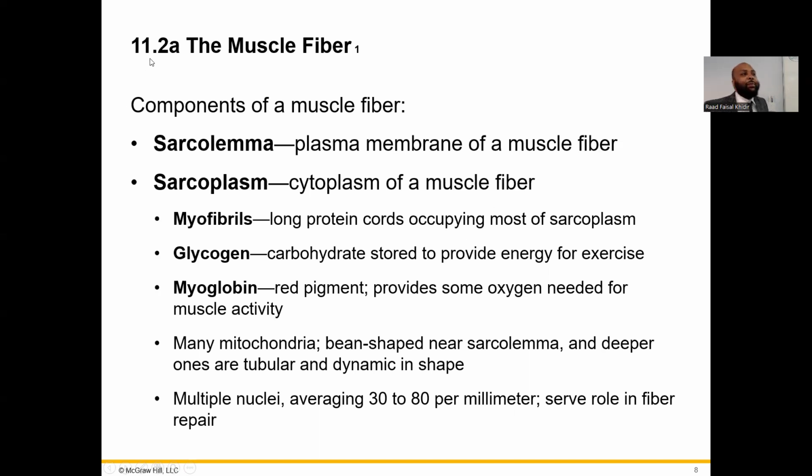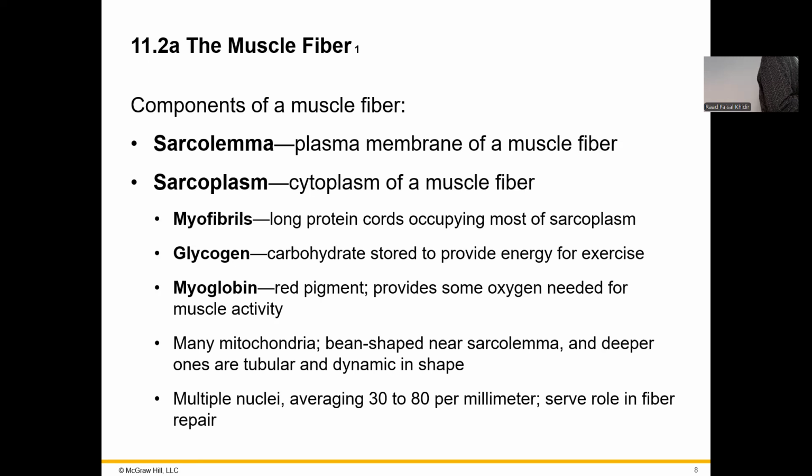So if I examine under the microscope, if I look through my sarcoplasm, I will see those three. I will see the myofibrils, I will see the glycogen, and I will see the myoglobin. What is myofibril? Myofibril represents the long protein cords that are occupying most of the sarcoplasm.